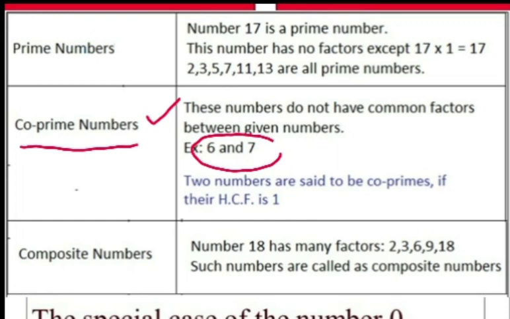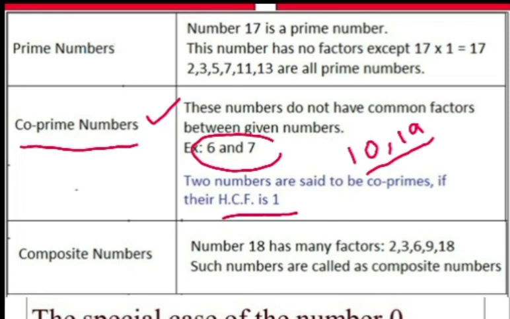That is, the HCF of two numbers is 1. Here we consider 6 and 7. We can consider 10 and 19. 10 and 19, their common factor is only 1. So, these two numbers are coprimes.